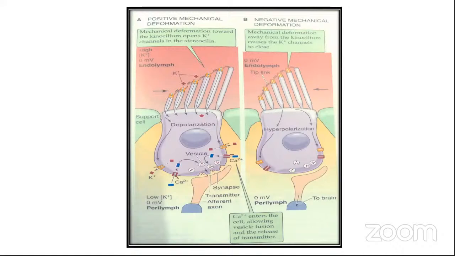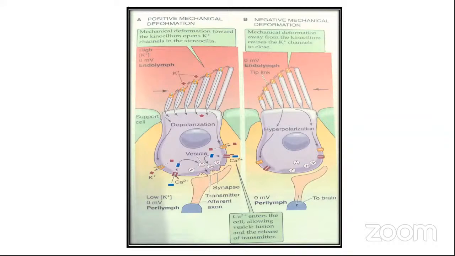These ionic changes are shown in the diagram. Mechanical deformation away from the kinocilia causes potassium channels to close. That is shown on the right side of the figure.